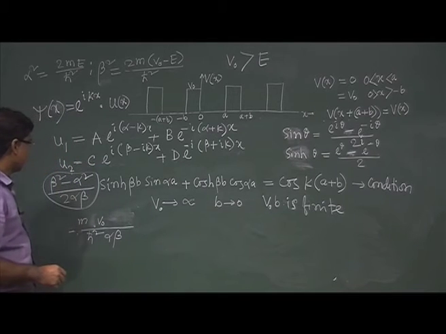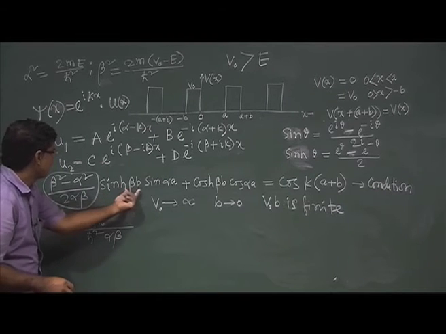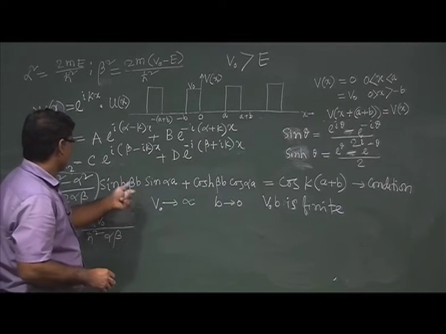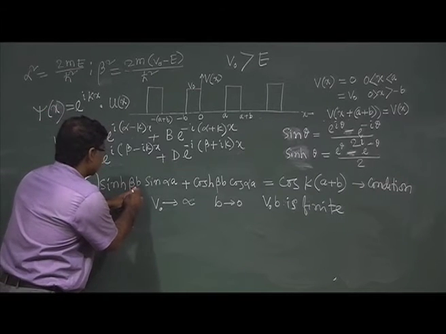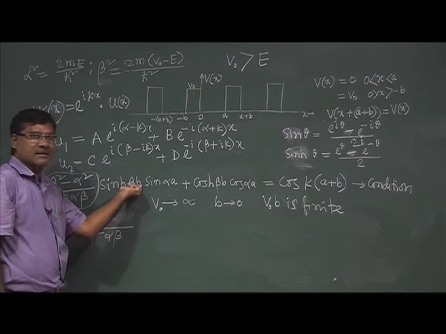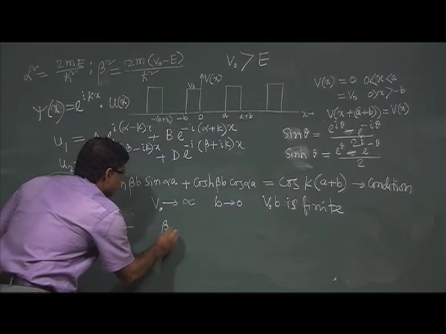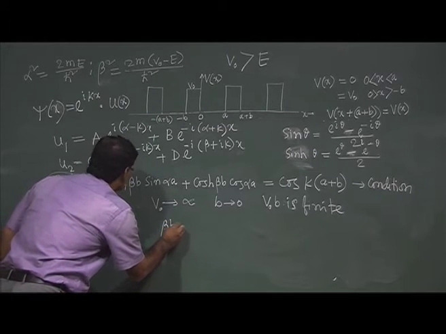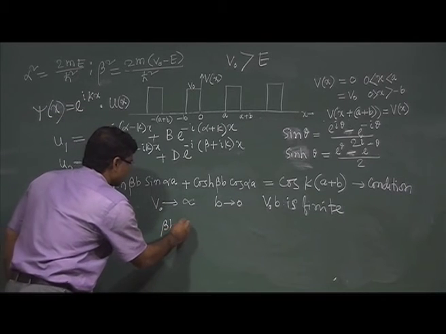Now, here what I want to do, and this you see, this term beta b, b tends to 0, right. So, beta b also tends to 0.